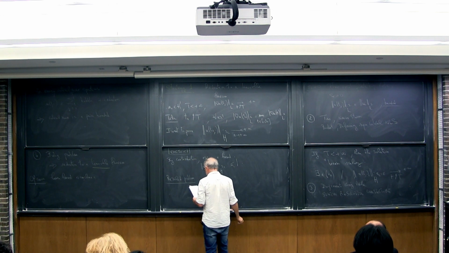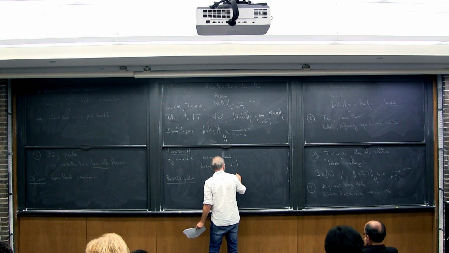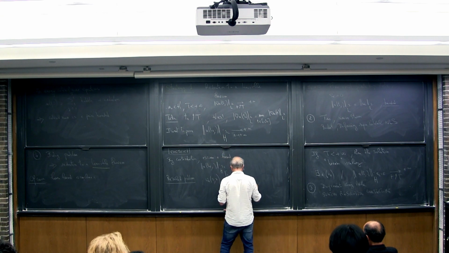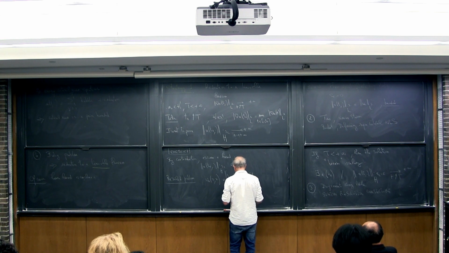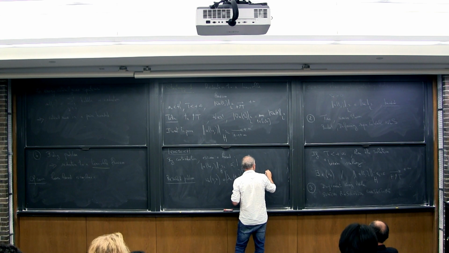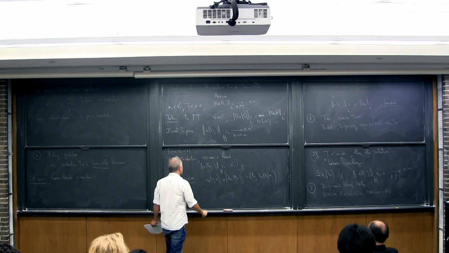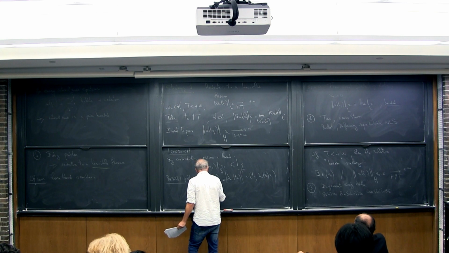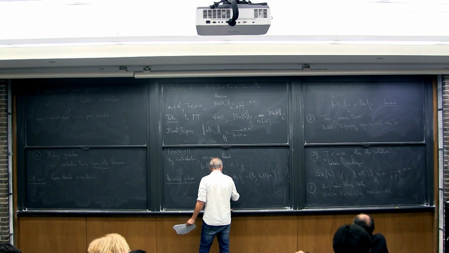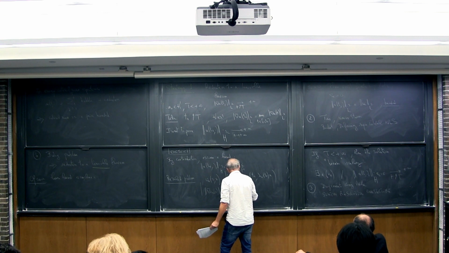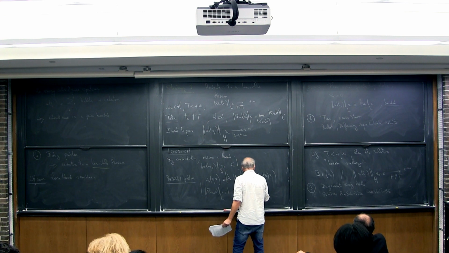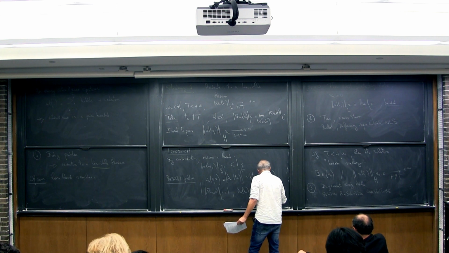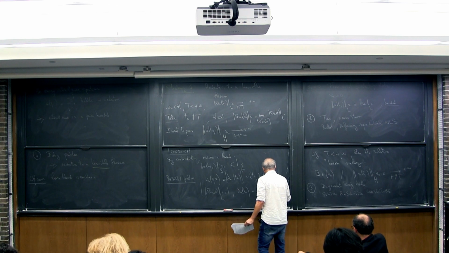So I define un(0, x) to be lambda_n to the 2 over p minus 1 times u(Tn, lambda_n x), where I choose lambda_n such that I want the L2 norm of the gradient of my data to be 1, which tells me that lambda_n, so this is always the same formula, is going to be 1 over the L2 norm of the gradient of u(Tn) to the power 1 over 1 minus SC.